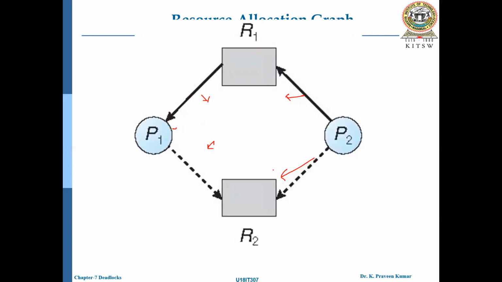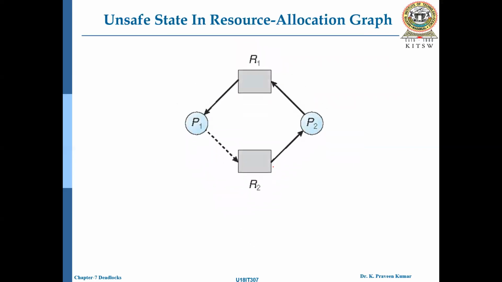Now, unsafe state. See, if P1 is requesting R2, that is, claiming R2, which is already held by P2, and P2 is requesting R1, which is held by P1. Here you are taking it as a claim edge.